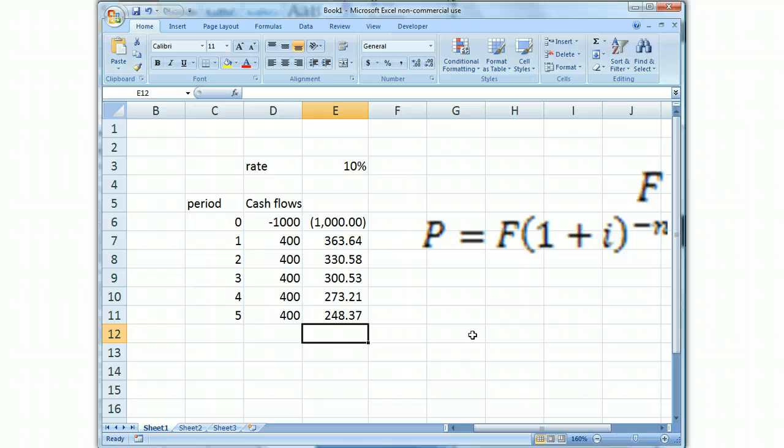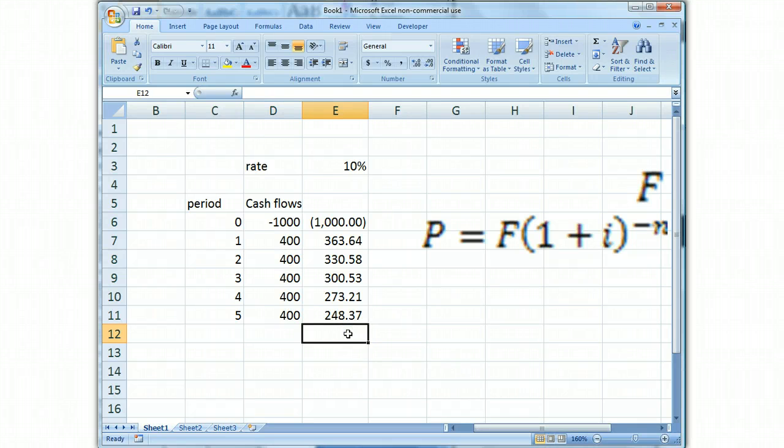Each one of these cash flows has a different present value because we are discounting the original 400 by one period at 10%. The equivalent today is $363.64. $400 that we would receive 2 periods from today would be equivalent to $330.58 today if the discount rate is 10%, and so on and so forth.